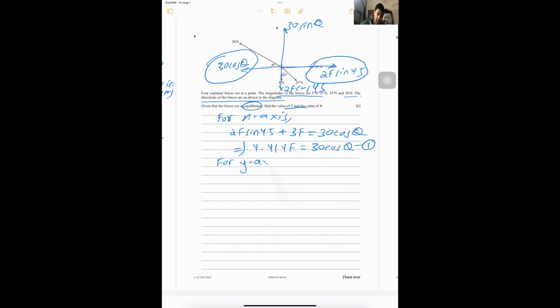Now let's divide the y-axis components. For y-axis, always use this type of thing in your examination, just to show a little formality so that the examiner understands what you're doing. This helps to avoid any type of confusion, that's all. 2f cos 45 plus f is 30 sine theta, or again 2 cos 45, put it in the calculator and add it with 1, so you get 2.414f.